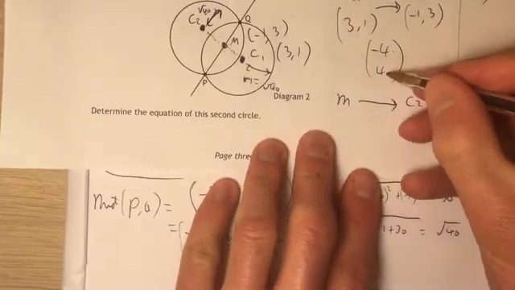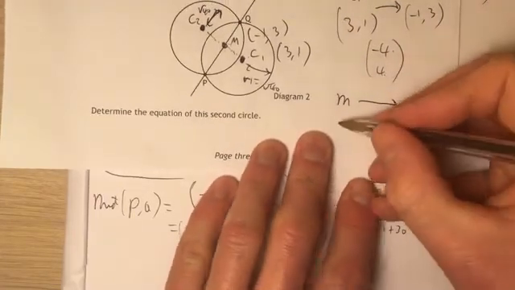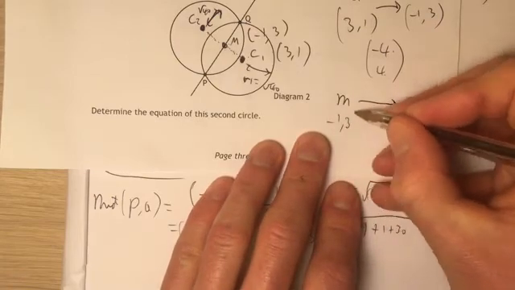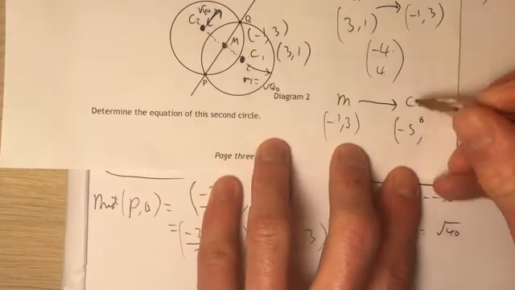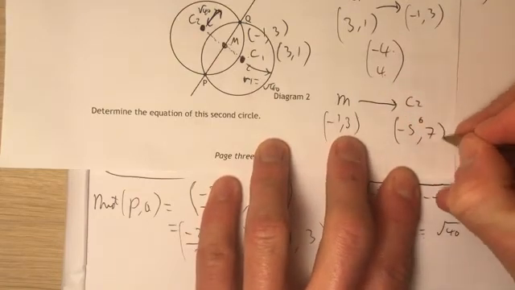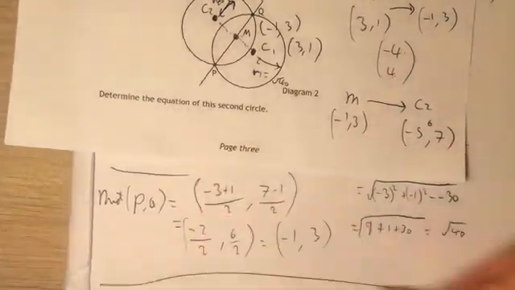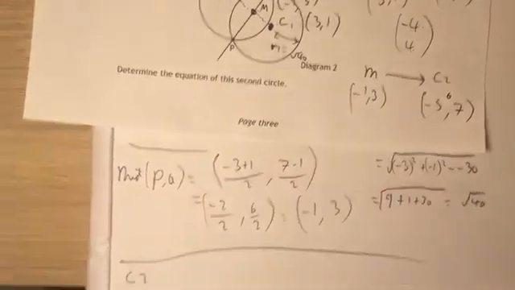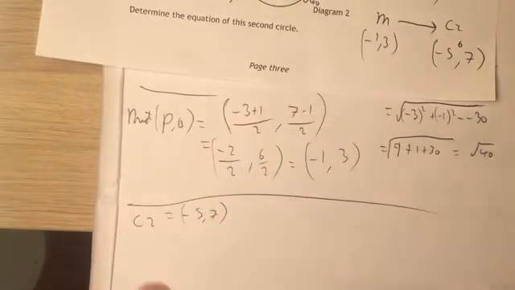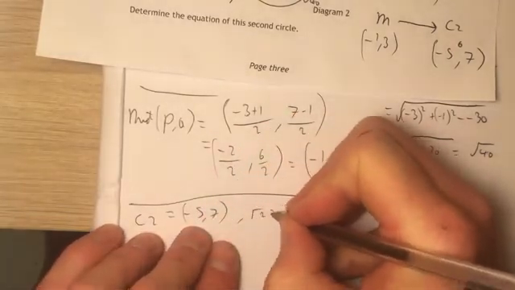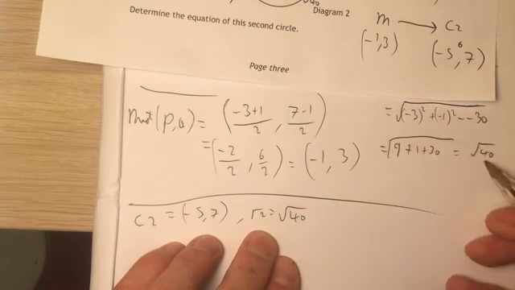Go down 4 in the x, up 4 in the y. So down 4 in the x, the midpoint was minus 1, 3. Go down 4 in the x, and I've got minus 5. Go up 4 in the y, and I've got 7. Okay? So what have we got? We've got C2 is going to be at minus 5, 7. That's the center of circle 2. Radius 2 is the same as radius 1, root 40.